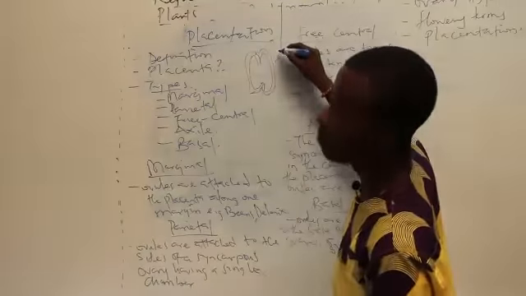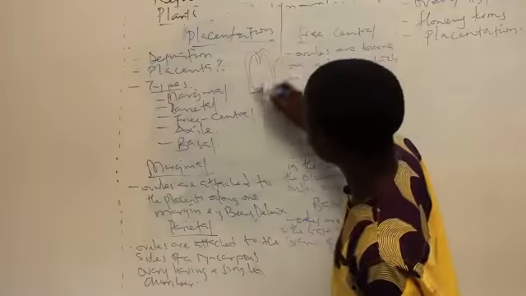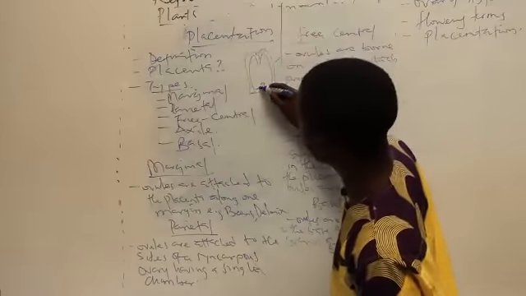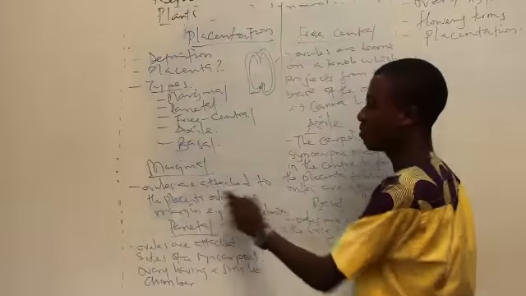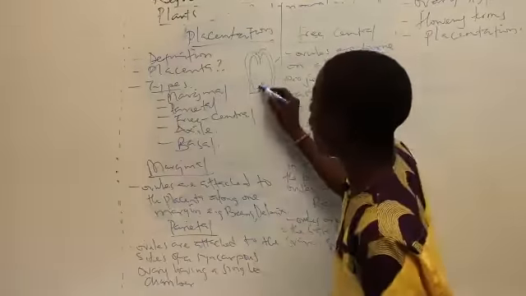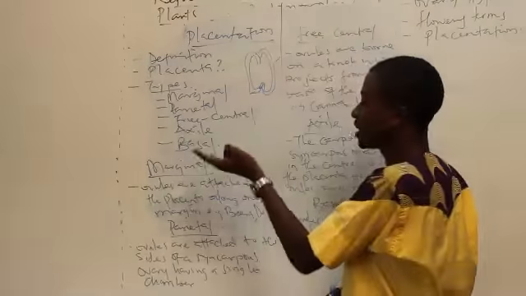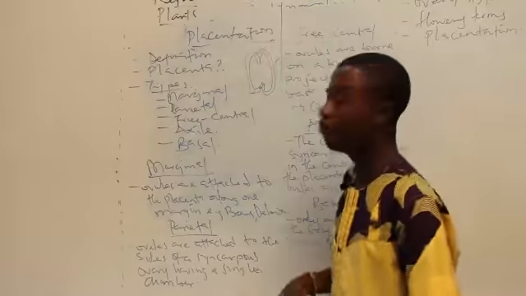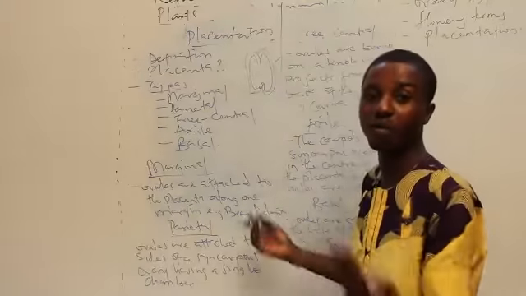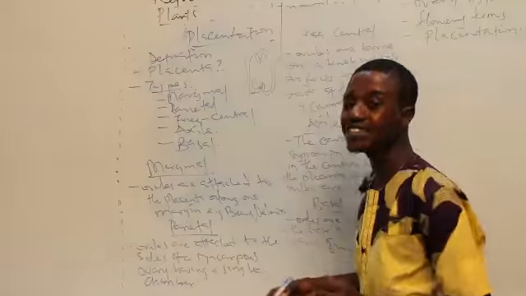Now this here is the placenta. This is one margin, this is another margin. Only on one margin is where you find the ovules, and so we call them marginal. A very good example is your beans, Cassia filiformis, Delonix regia, called the flame of the forest. They also fall under this category.